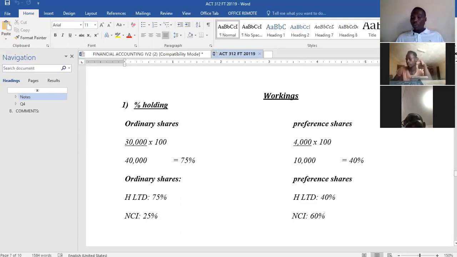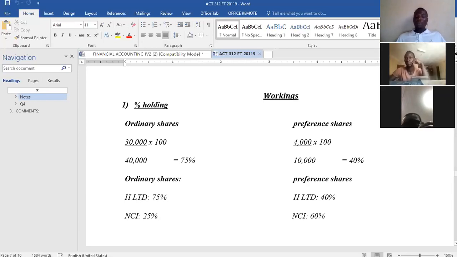And so if I can see from S Limited's account that the total cost of the ordinary shares is 40,000, then I can confidently say that if one share is 1 cedi and I have 40,000 cedis of share value, then the total number of shares in S Limited is 40,000 shares.